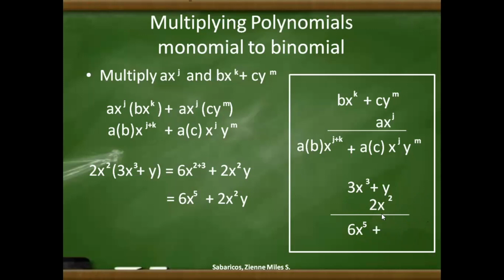And then we plus, now 2x squared times y. So 2 times 1 is 2. We can bring down the x and its exponent because x and y are not the same, so you can't add their exponents. So our answer is 6x to the 5 plus 2x squared y.